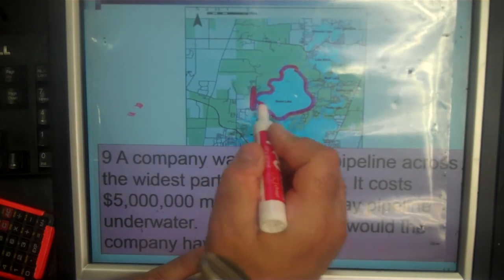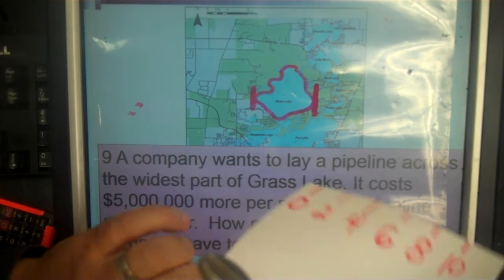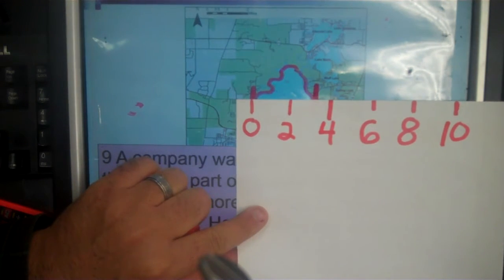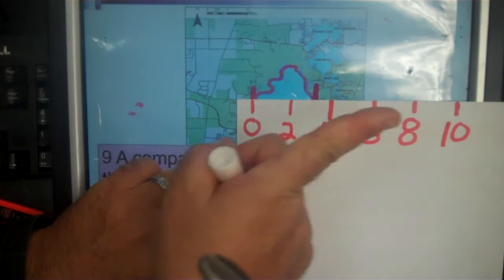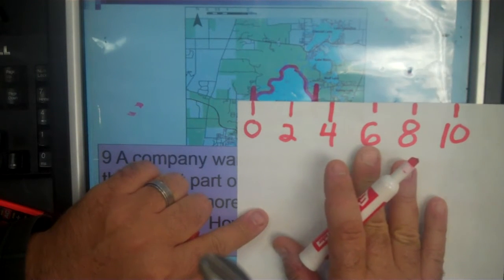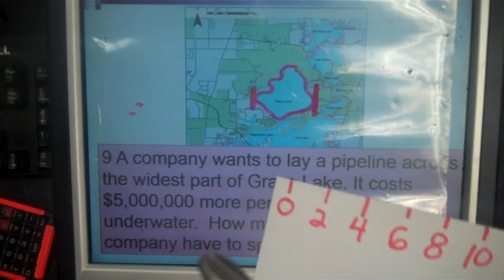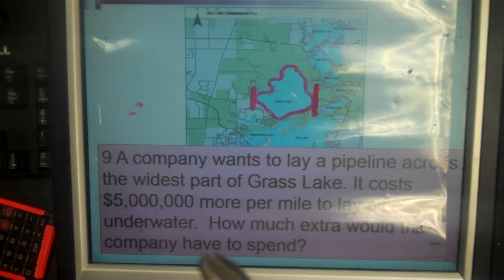So from there to there. Lay our scale down. And it looks like it's pretty much halfway between the 2 and the 4, a little bit over to the right. So I'm not going to say it's exactly 3 miles. I'm going to estimate. I'm going to say maybe 3.2 miles. Number 9, 3.2 miles underwater.